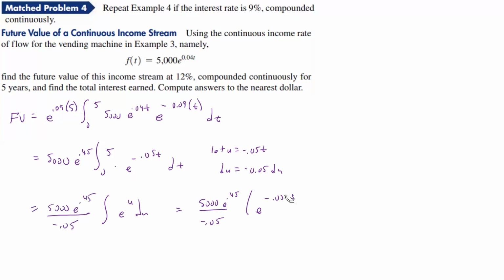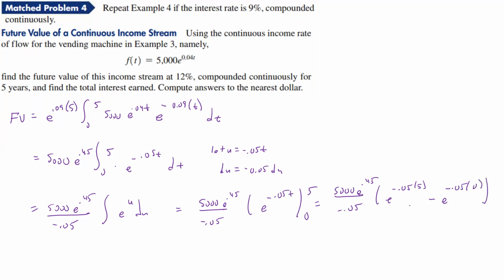Let's just do it in stages. So it's e to the negative 0.05 t from 0 to 5. What I was doing is I was already plugging in the 5, and I was going to plug in 0. But we'll keep it in steps for now. So e to the 0.45 over negative 0.05, e to the negative 0.05 times 5 minus e to the negative 0.05 times 0.